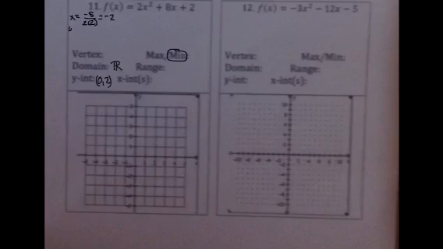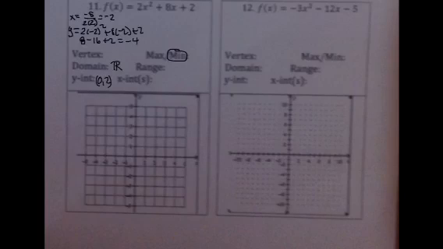The y value is 2 times -2 squared plus 8 times -2 plus 2, so that's going to give me +8, sorry, +8 minus 16 plus 2, so that's 10 minus 16. That's going to be negative 4.